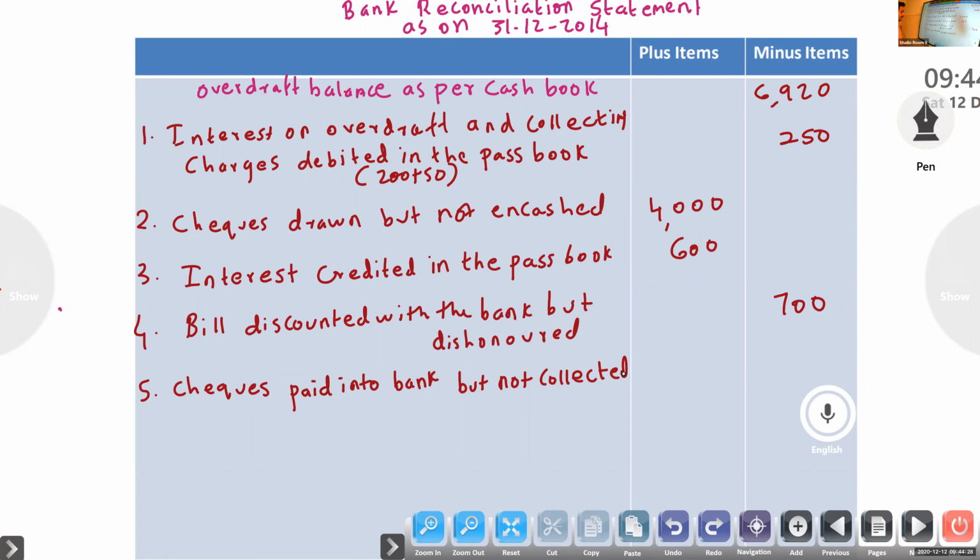Sir, decrease. Check deposited, cash book? Sir, cash book increase. Yes. So what we have to do? Minus. Okay.